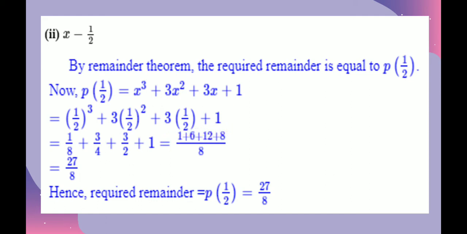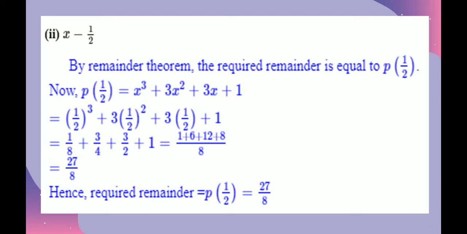(1 upon 2) raised to the power 3 is equal to 1 by 8. Then 3 multiply (1 upon 2) raised to the power 2 is equal to 3 by 4. 3 multiply 1 by 2 is equal to 3 by 2, plus 1. Here the denominators are different, so we will take the LCM and solve this.